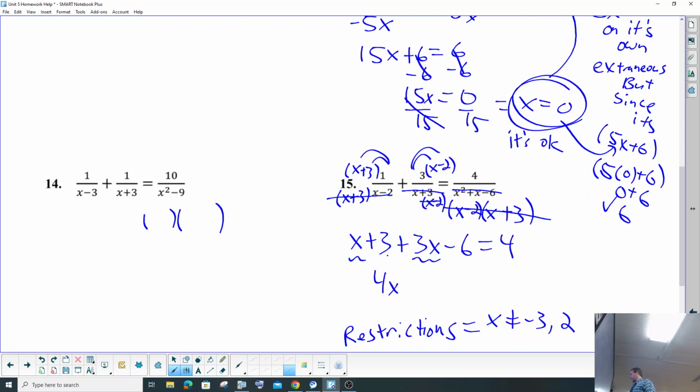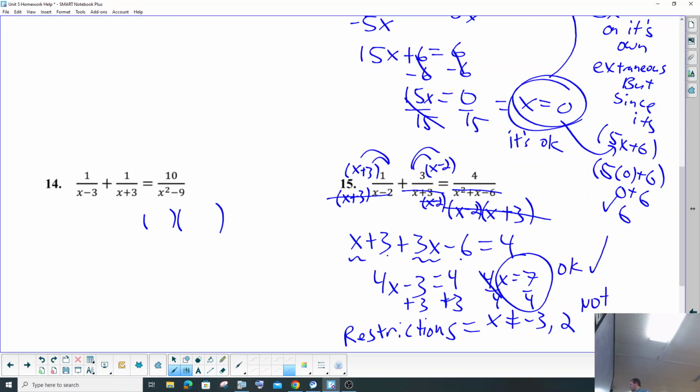And 3 minus 6 is a negative 3 equals 4. We're going to add 3 to the other side. And we get 4x equals 7. Divide by 4, divide by 4. So I'm getting 7/4 as our answer, which is okay because it's not one of those. So we're good.